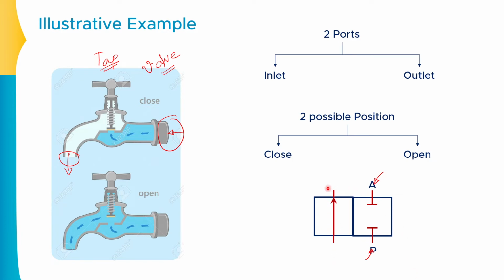This represents that the flow is coming from the inlet, which is this point, and going towards the outlet, which is over here. Clear? So this is the very basic symbol which is used to represent such kind of control valves.